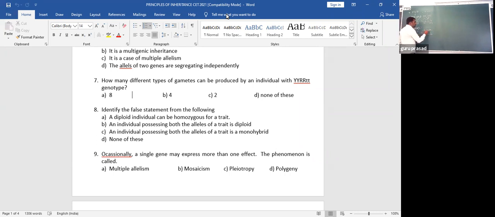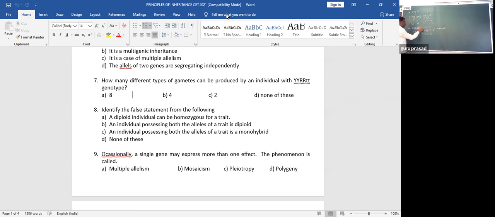And that formula is number of gametes is equal to 2 to the power n. What is the formula? Number of gametes is equal to 2 to the power n. N is the number of heterozygotes.